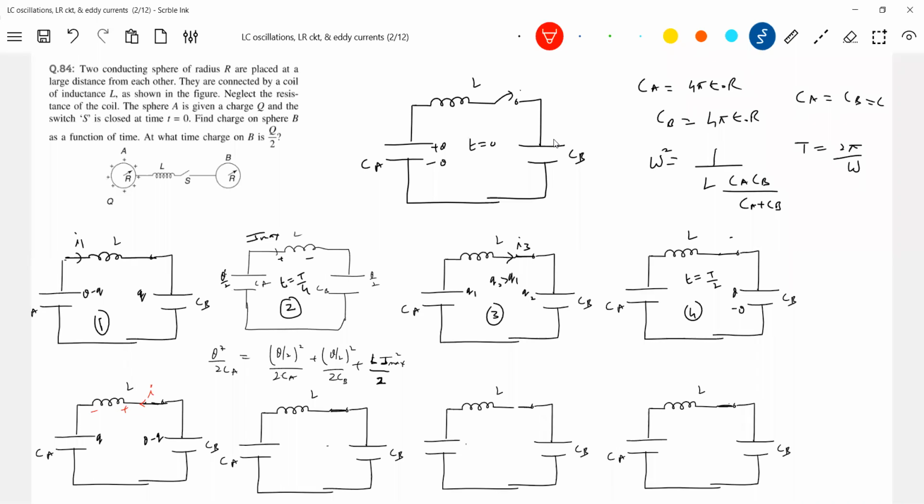I'm showing charge only on one plate. Then finally the charge on both the plates will be equal and the potential difference across the inductor will be 0 and the current flowing here will be maximum. This is what time? 3T by 4.